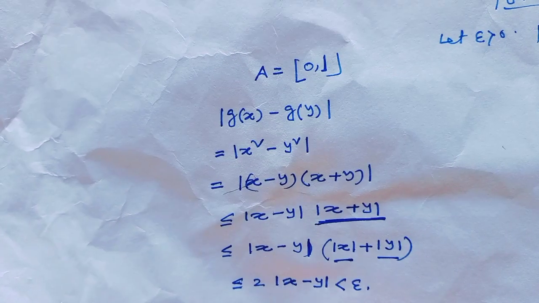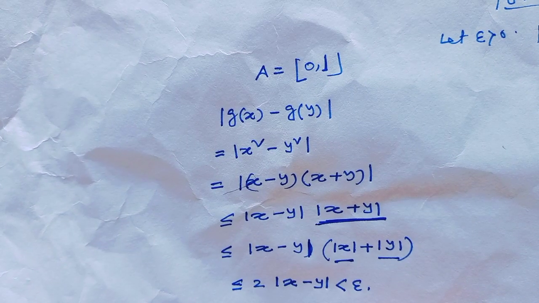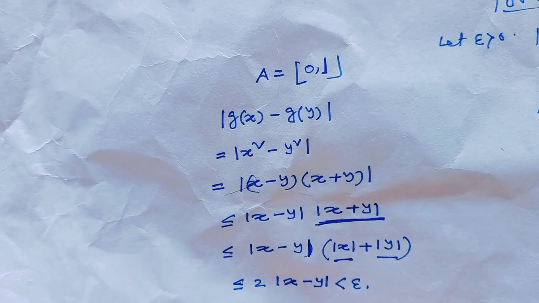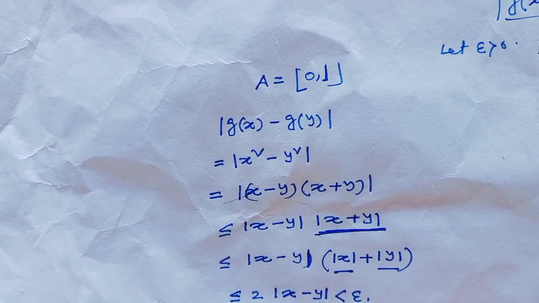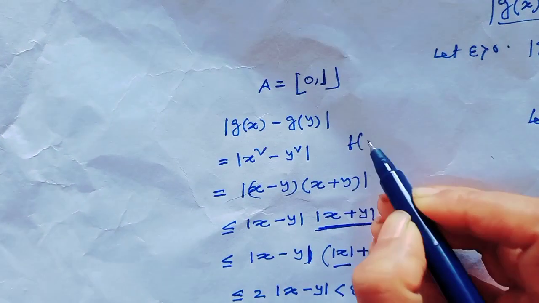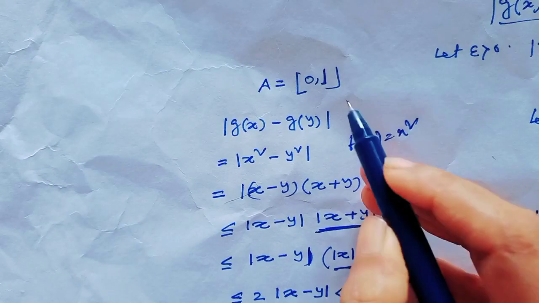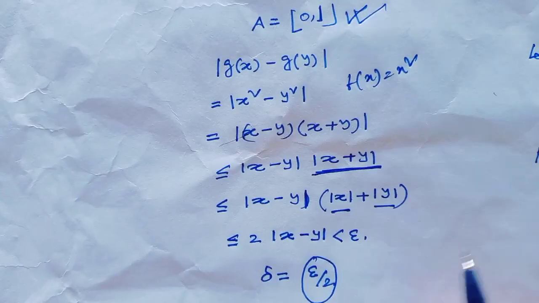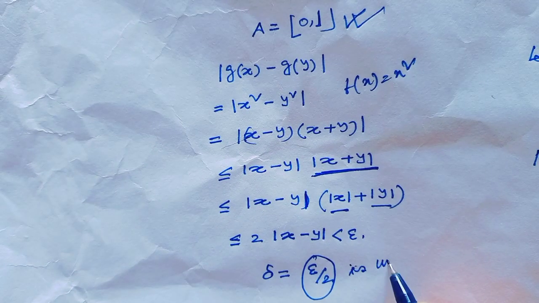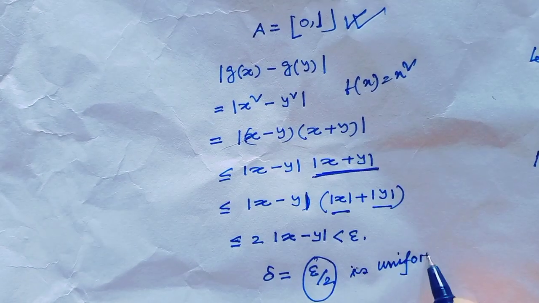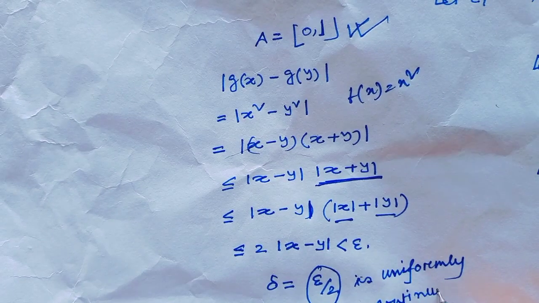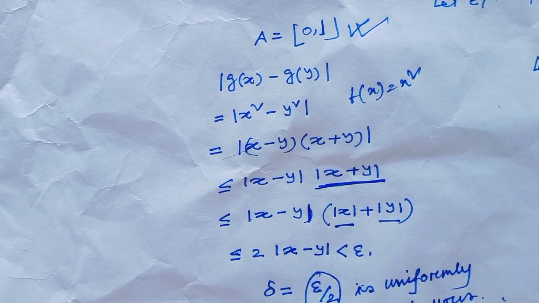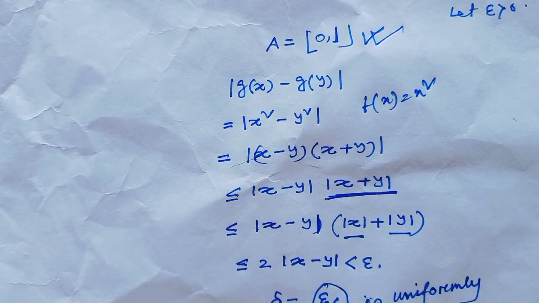Therefore delta equals epsilon over 2 works for this delta. This function f(x) equals x squared on this interval is uniformly continuous. I hope all my viewers have understood this concept easily.